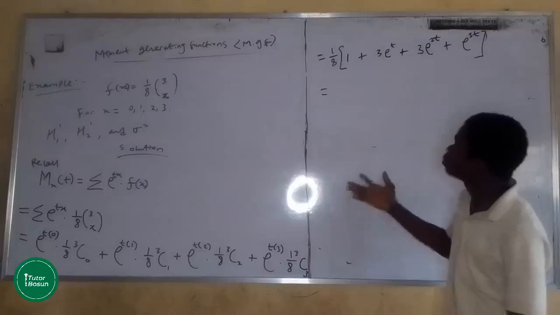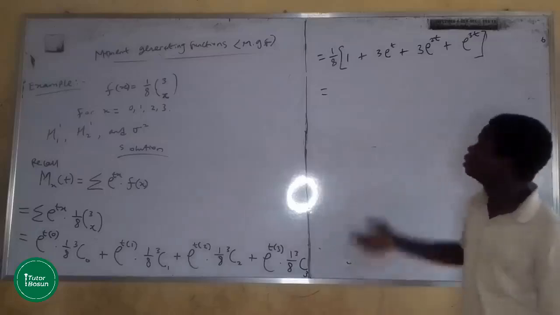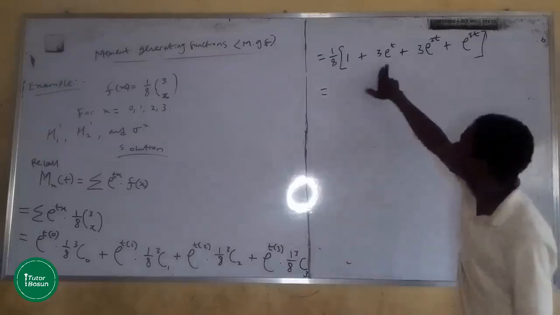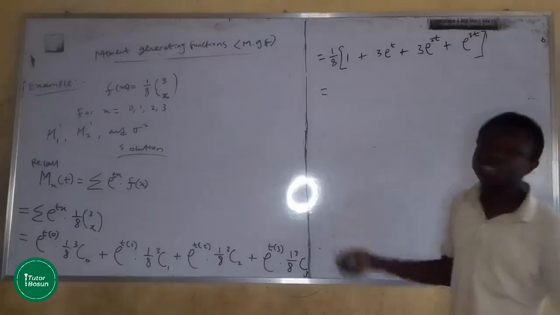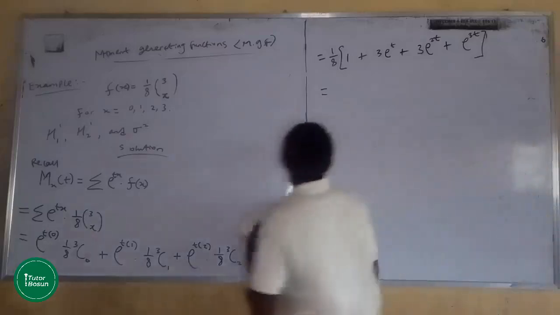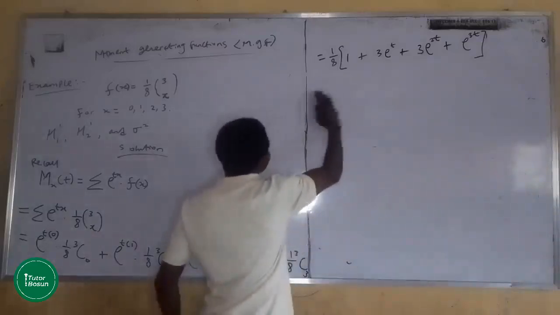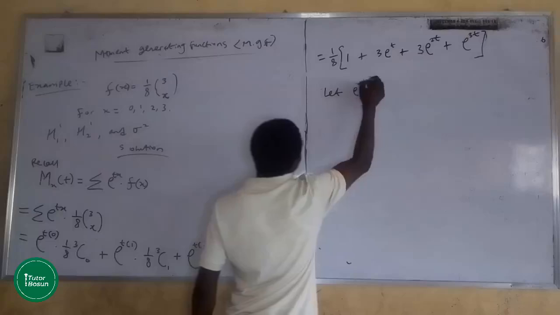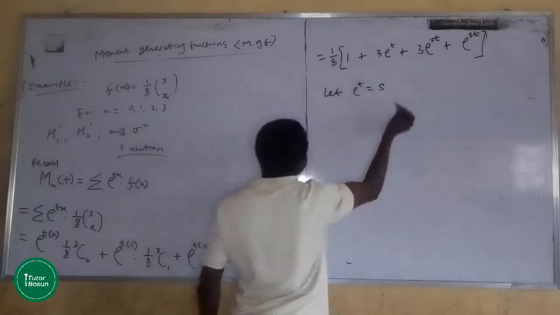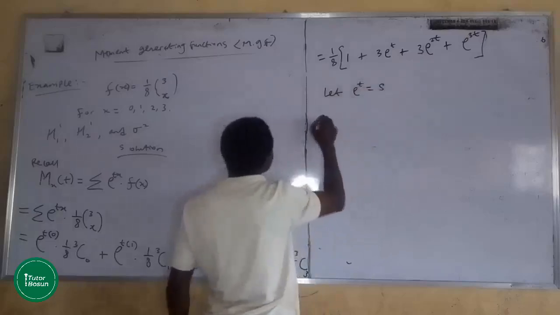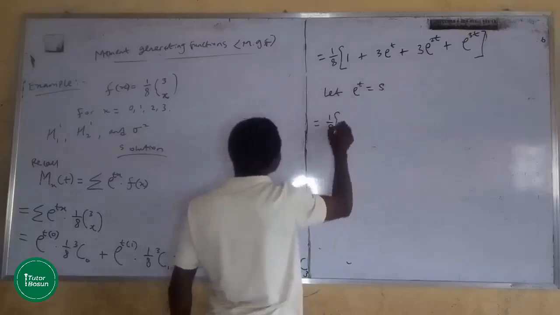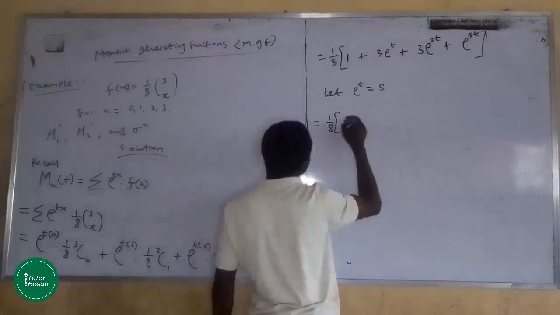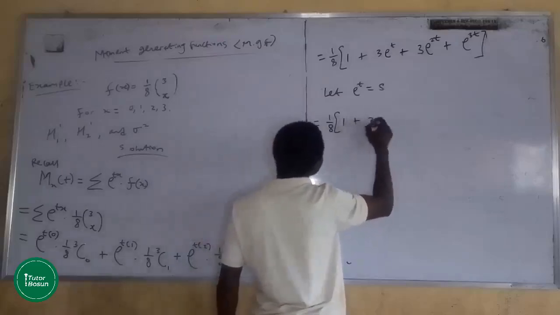So to make it look easier, it may be looking complex this way. So what about we represent exponential t with an arbitrary variable or arbitrary letter. So let's say let exponential t equal s. So automatically we have 1 over 8 into 1 plus 3s.